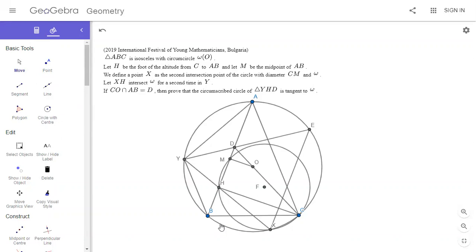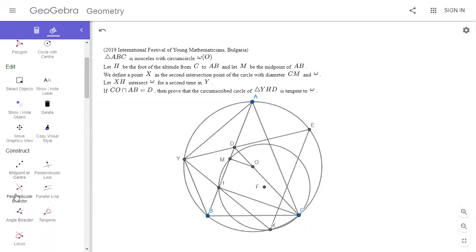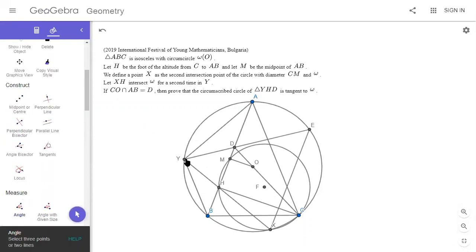So yeah, do we have similar triangles? AYD. Is BYH similar to AYE? I wouldn't be surprised. Yeah, basically we want to show BYH is similar to AYE.